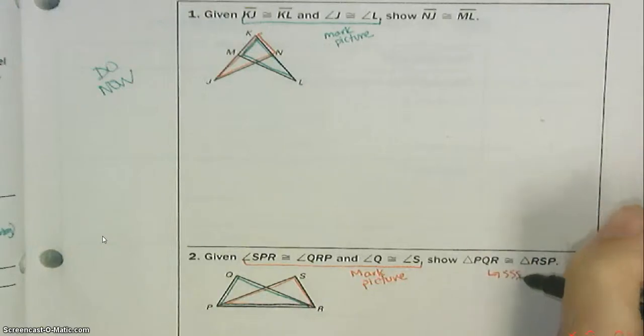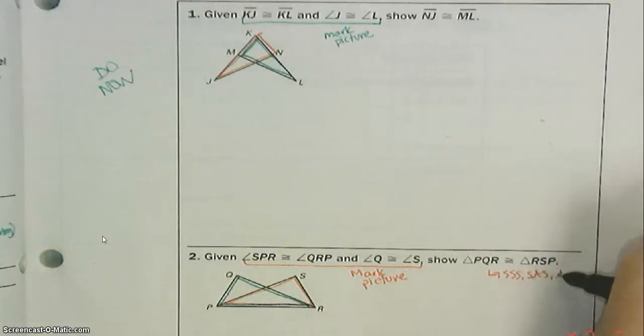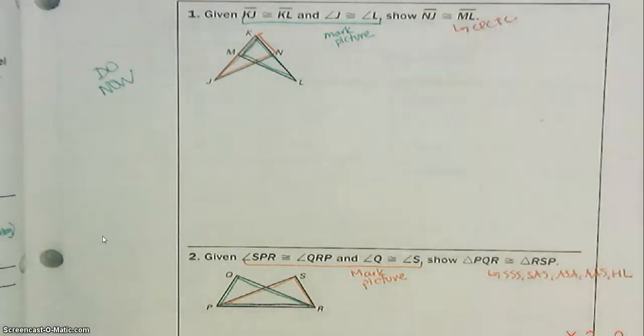These are your reasons. You're going to have to find one of these. Your reason for this is going to be CPCTC, but you have to find the triangles first. So, get those done now.